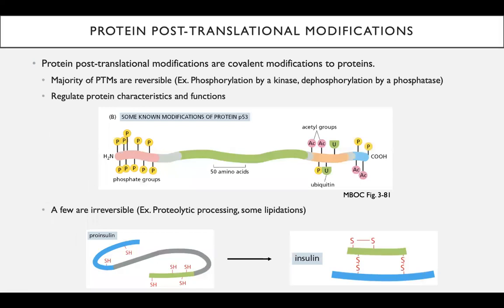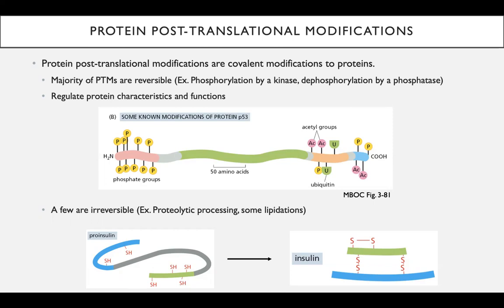Okay, so protein post-translational modifications are covalent modifications to proteins. These are often reversible. So for example, in phosphorylation, you can have a protein that's phosphorylated by a kinase and then subsequently dephosphorylated by a phosphatase. And so that gives you control of that phosphorylation event on that protein in both directions.